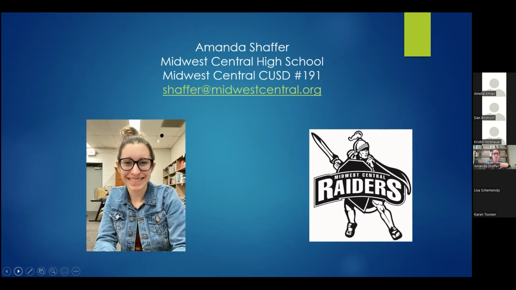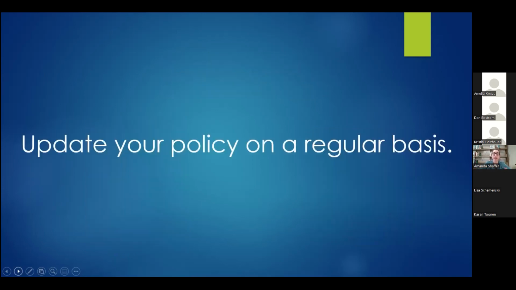So for us at the school, we have our policies, specifically a part of our collection development policy. It is the bigger part of our collection development policy. It is several pages. I have been rather happy with what we've had. There are some changes I would like to make, but Kristin, if you want to go to the next slide, I highly encourage you to update your policy on a regular basis.